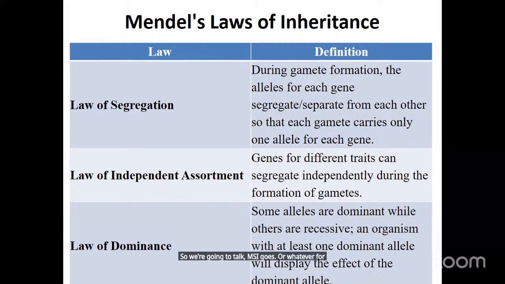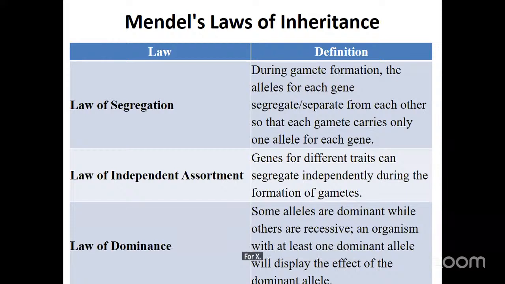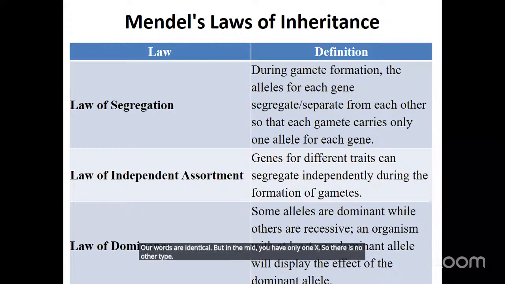A female has the two X, which is homozygous for X. A male has only one X, which is hemizygous. You remember, I said homozygous is when the two alleles are identical. Yes, sir. That's XX. But in a male, you have only one X, so there is no other allele. You can't say whether identical or not. So it's hemizygous.